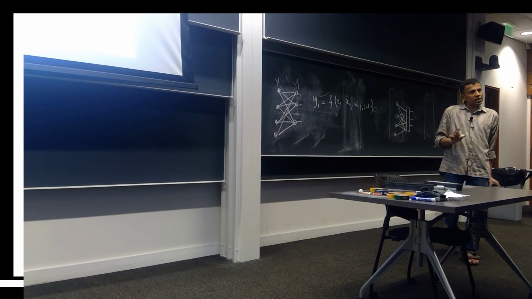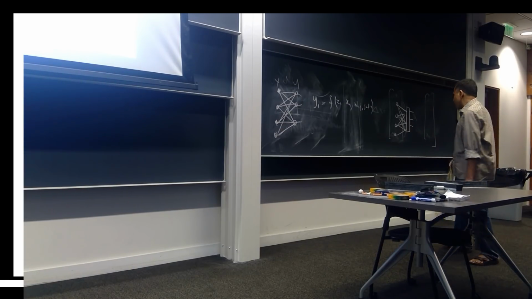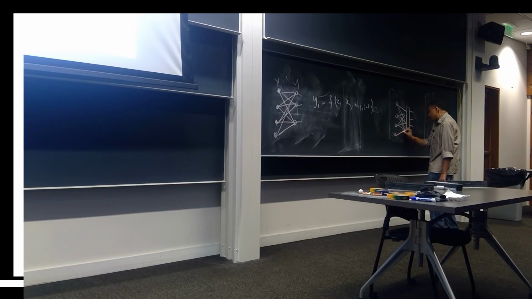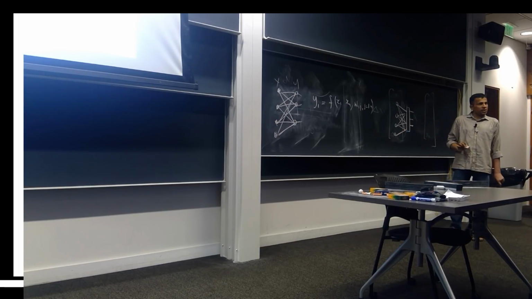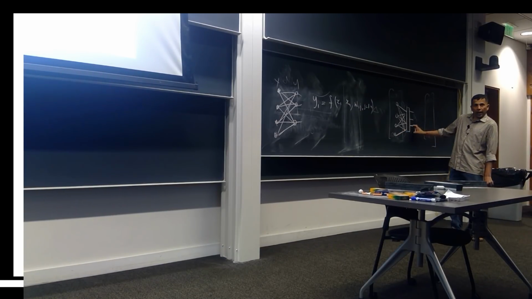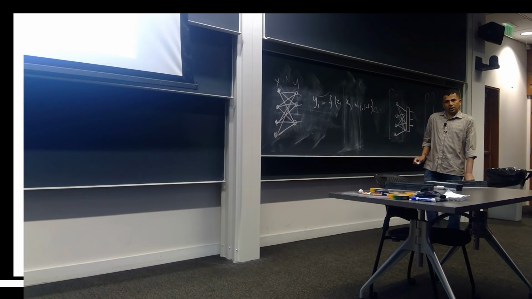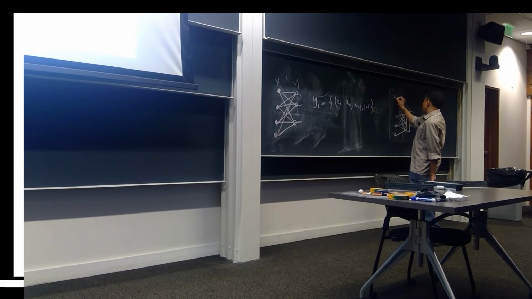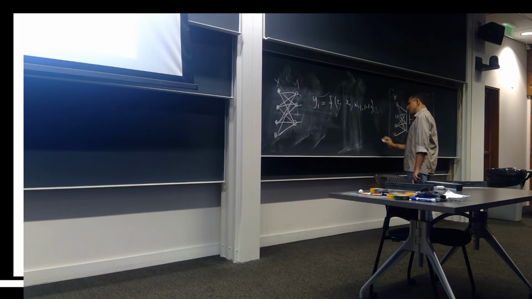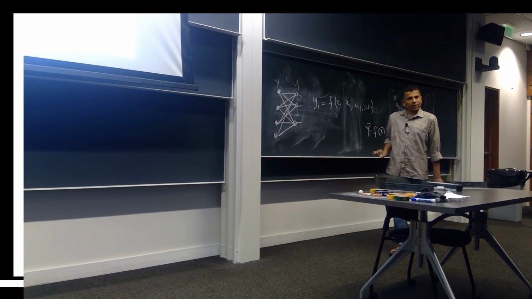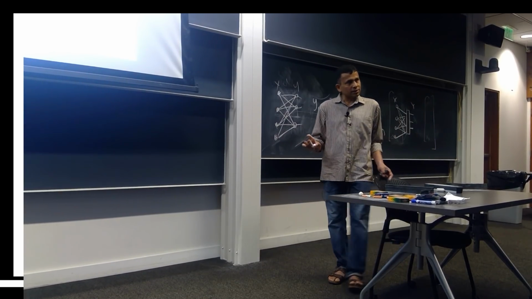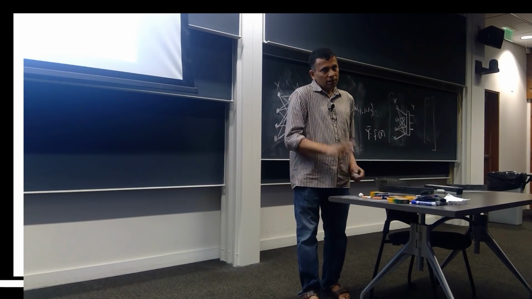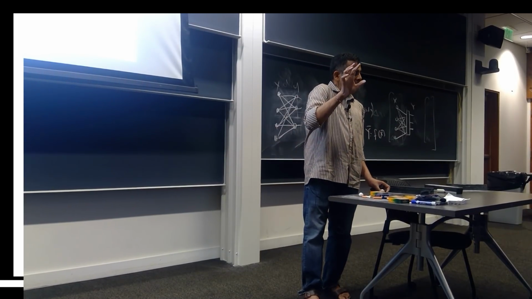But the situation here is that if I change this weight, it's not just this output that changes. Every single output changes. So here I cannot write it in the scalar form. I'd have to say this is x, this is y, and I'm going to say y equals f of x, where x is a vector and y is a vector. The two are different cases. Do you see the distinction between the two?